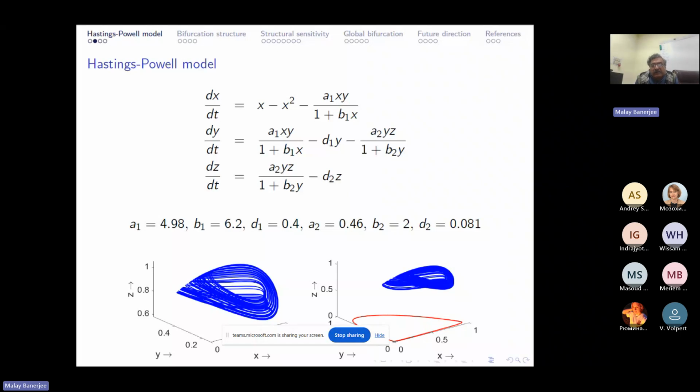This is a typical parameter set for which one can check all the equilibrium points are unstable. The trivial equilibrium point 0, 0, 0 is unstable. The predator-free equilibrium 1, 0, 0 is unstable. The top-predator-free equilibrium of the form x, y, 0 is also unstable. And finally, there exists an interior equilibrium point x star, y star, z star for this choice of parameters, which is also unstable.